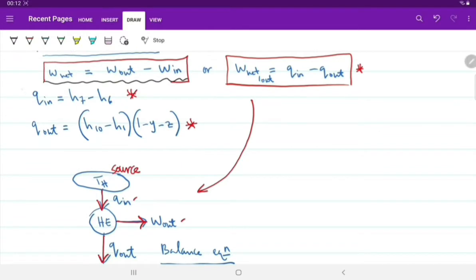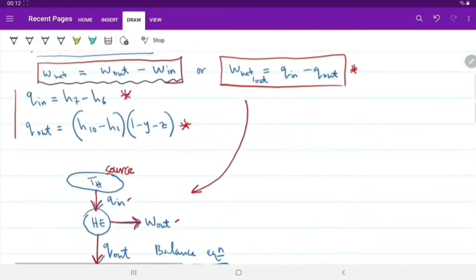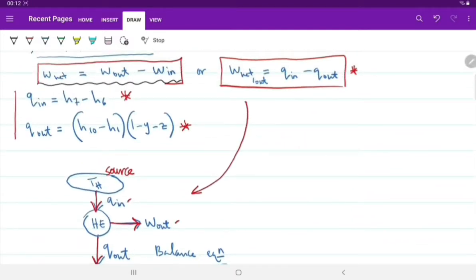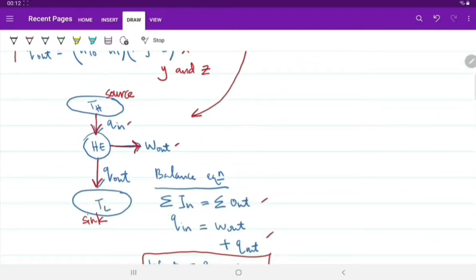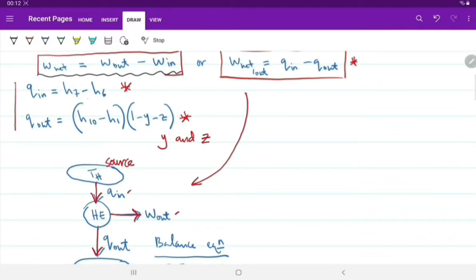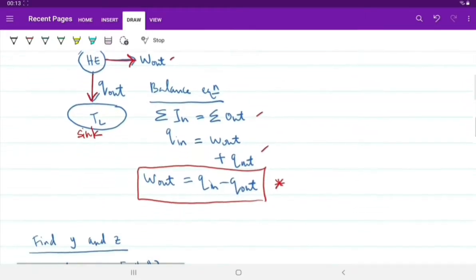Right, so this is the equation that you want to solve, Q in and Q out. Okay, the problem now is that you have to identify what Y and Z are, the fractions of mass flow rate. I think H7, H6, H10, H1 and all the enthalpies, you can simply get from the steam table.